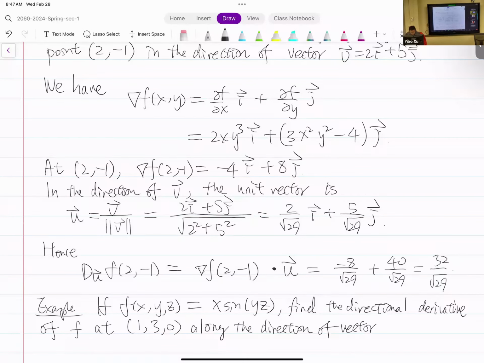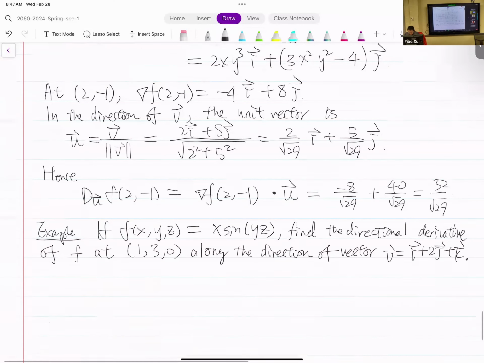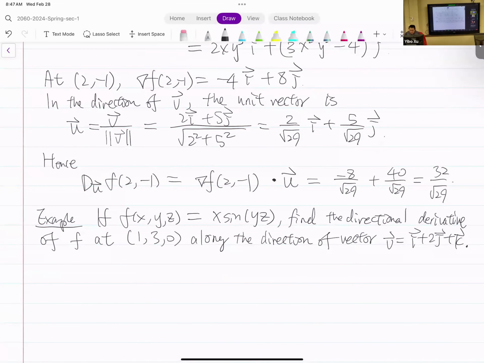So now we are giving a v again, a direction that is not a unit vector: i plus 2j plus k. The same strategy applies here. We compute the gradient, evaluate at the point, get the u, and then we dot.